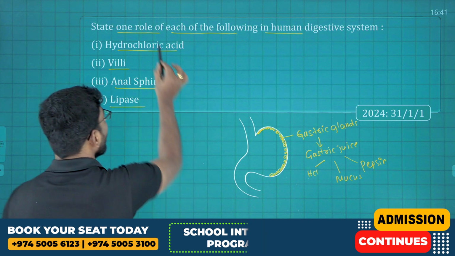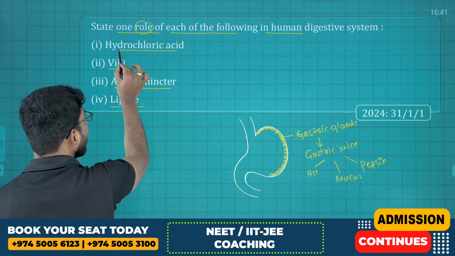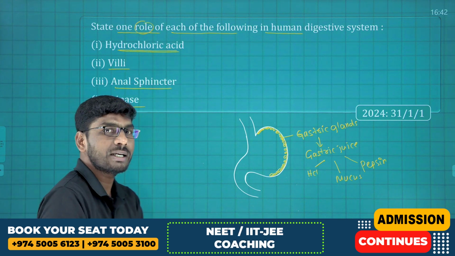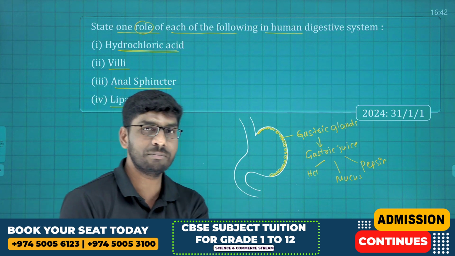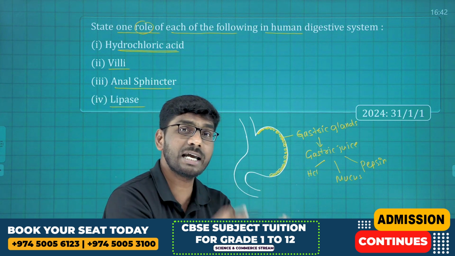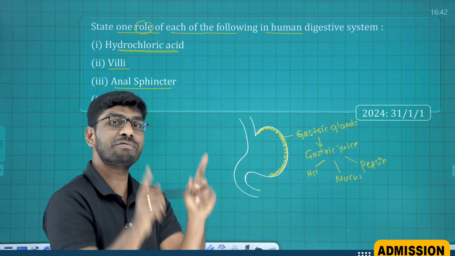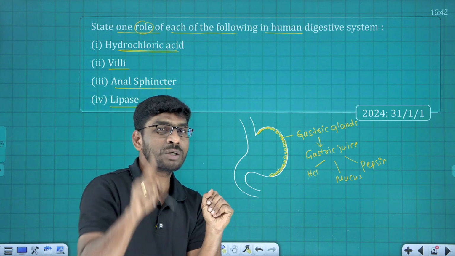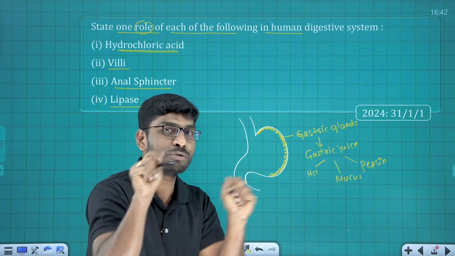3 major components are there in the gastric juice which is secreted by the gastric gland. They're asking one role of each. Hydrochloric acid creates an acidic medium in the stomach. This acidic medium is essential for something. Any one of you can guess what exactly this acidic medium is useful for?